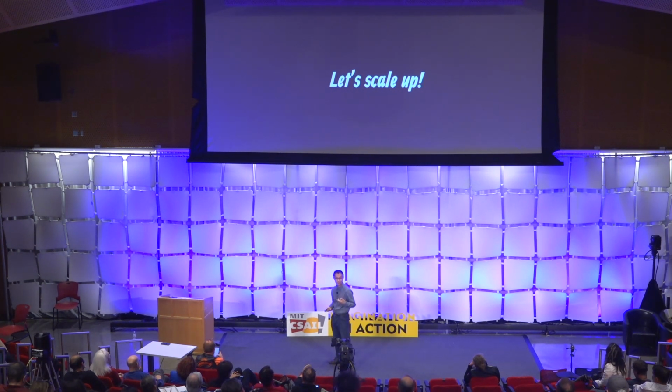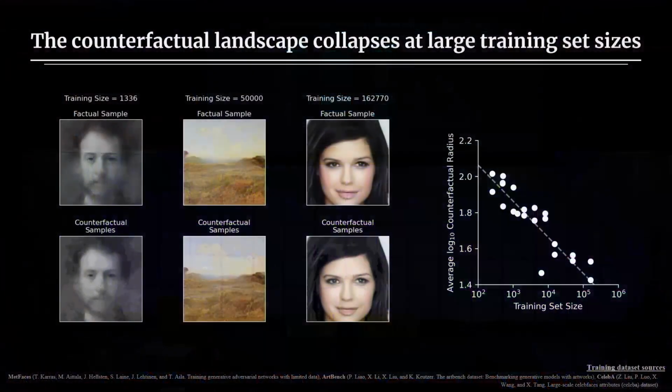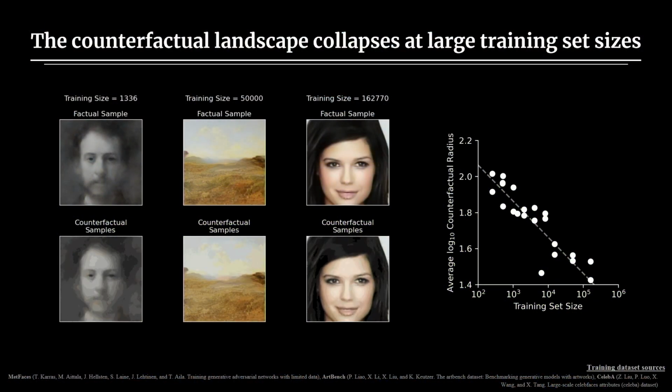In the last 2 minutes of my talk, I want to show you what happens when we actually scale up to these larger data set sizes. Well, on the top row, I'm showing samples that are generated from these more complex models that have larger training data sizes. The one on the left here has a training set size of about 1,000, the one in the middle, 50,000, and the one on the right, 160,000.